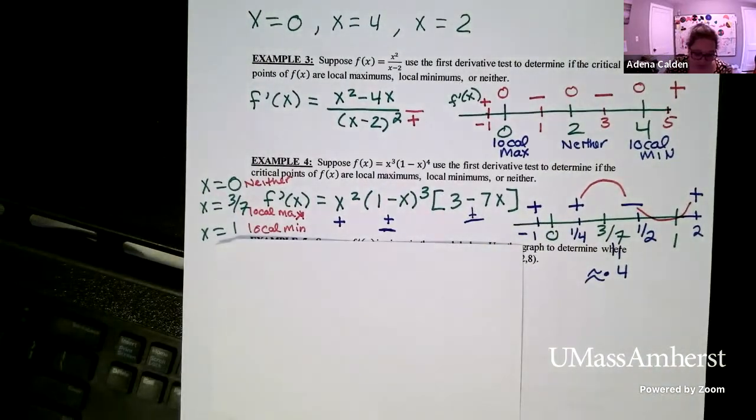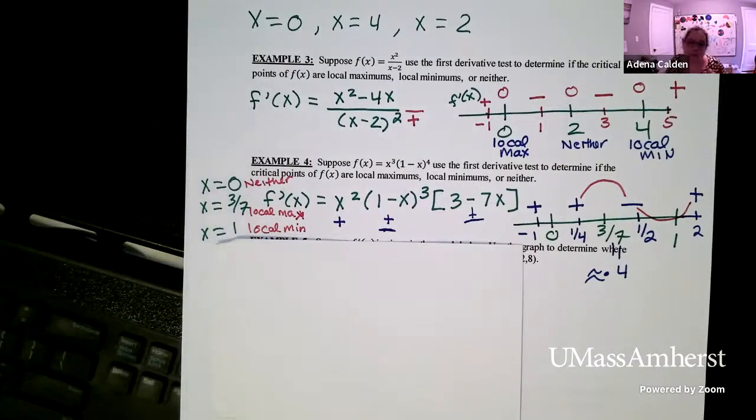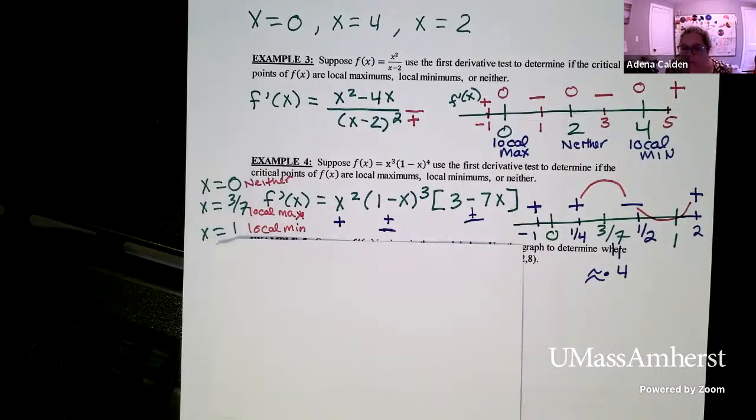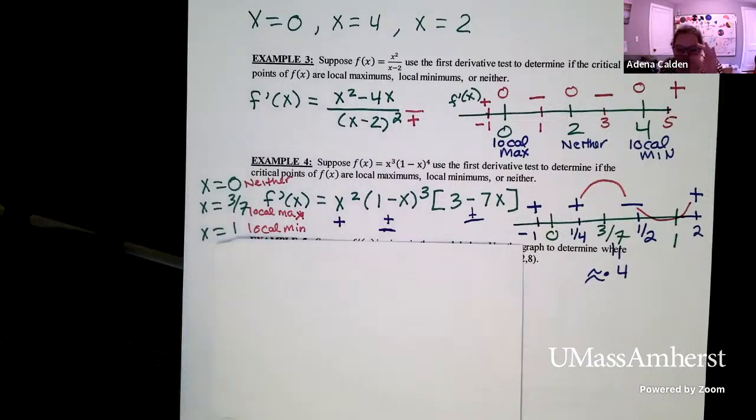Okay, now, depending on your algebra, you may or may not prefer the first derivative test. And depending on what you have, you may not need the first derivative test, but there are definitely problems where you have to use the first derivative test. So there are problems where you are just given the first derivative and you are told to find the local maxes and mins of the original function.